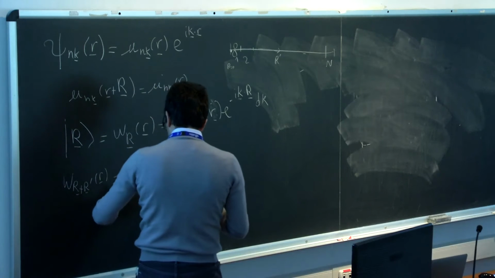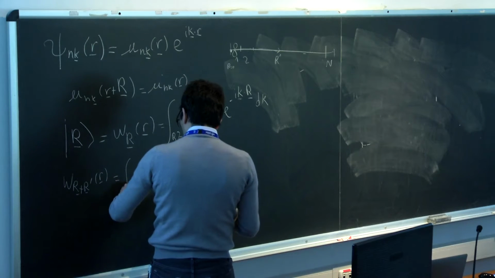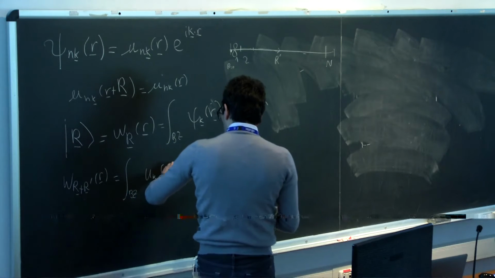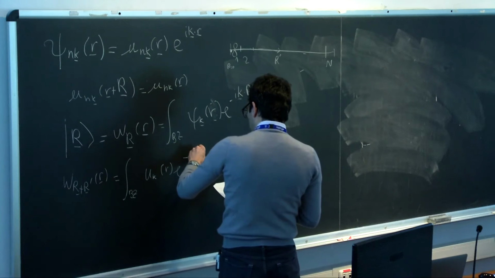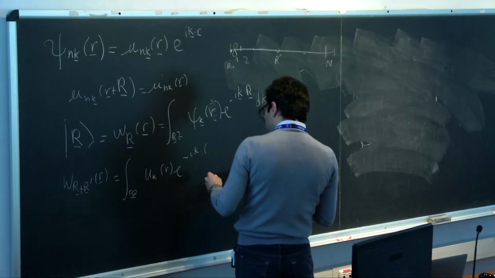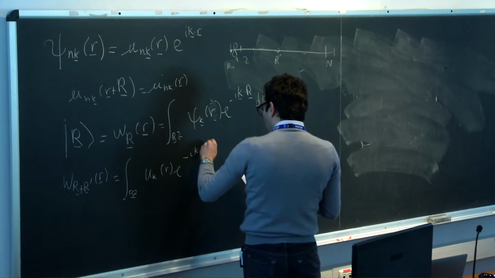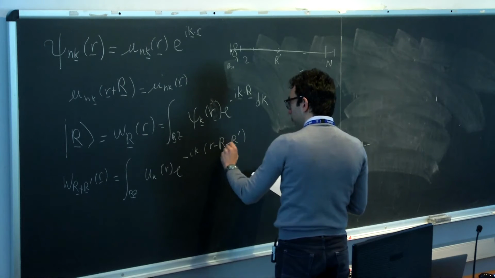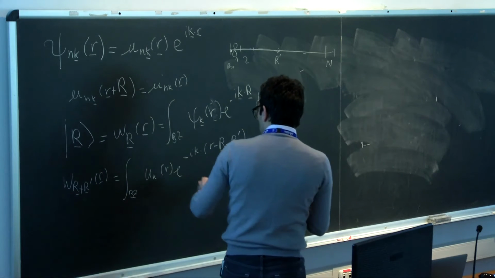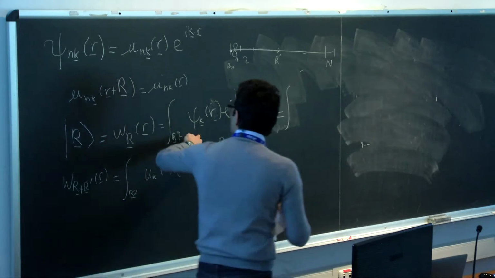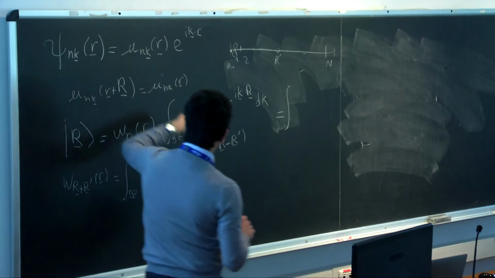What I get is just, I use the same definition. It's u_k(r) e^{-ik·(r - r')}, and here I just replace. Maybe the easiest way to see it is to replace psi with its formula here.